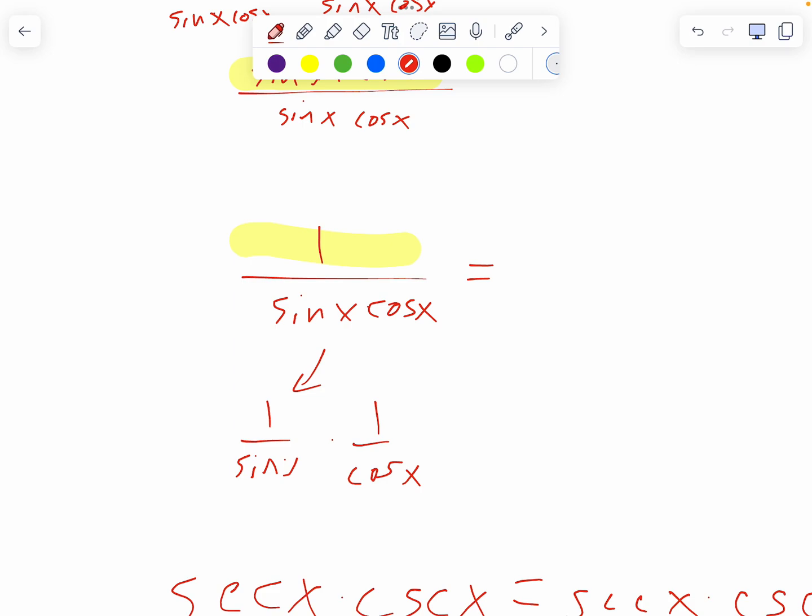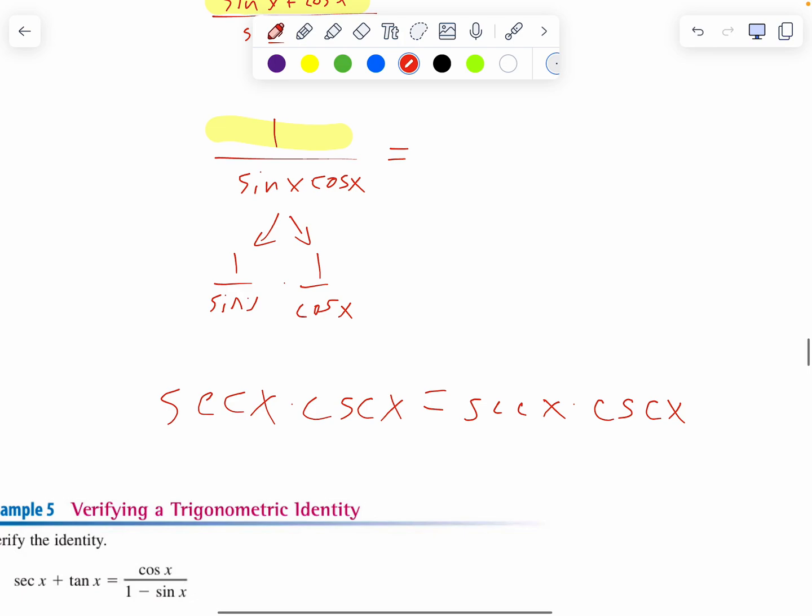So you've got to be able to take this single fraction that has two factors in the denominator, the factors sine x and cosine x, and break it apart as two separate fractions multiplied together. And now finishing the problem should be easy.